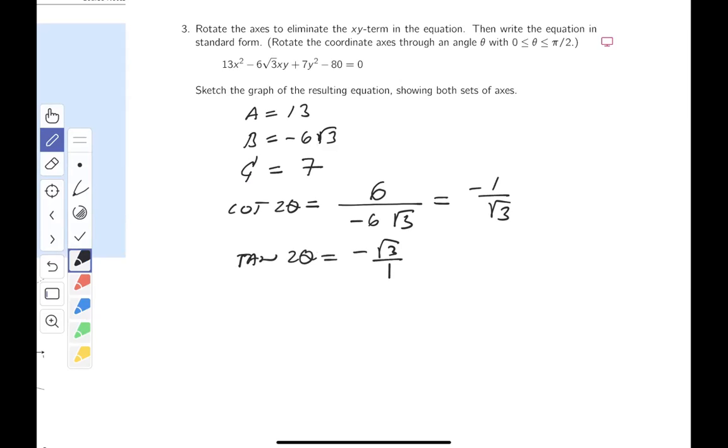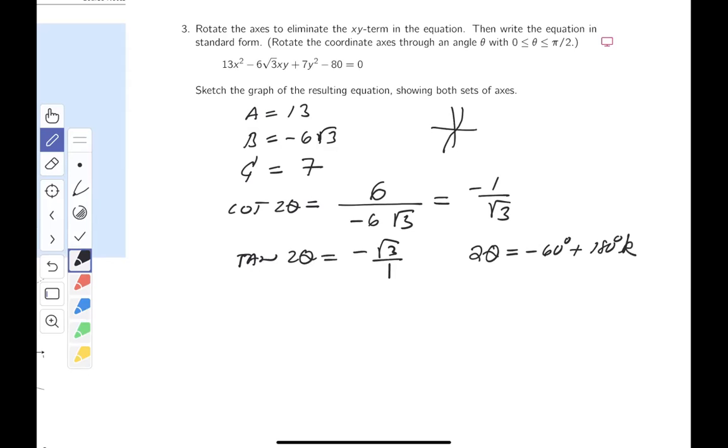Looking at the tangent function, 2 theta would equal the angle that would produce that, and I know it's between minus 90 and 0. What angle would give that to you? Minus 60, plus, I hate to do this to you, 180 degrees K.